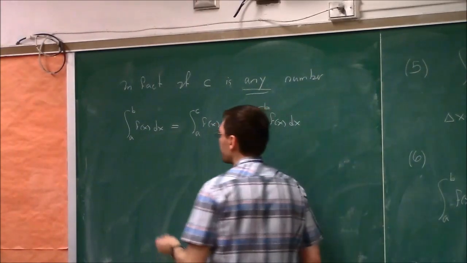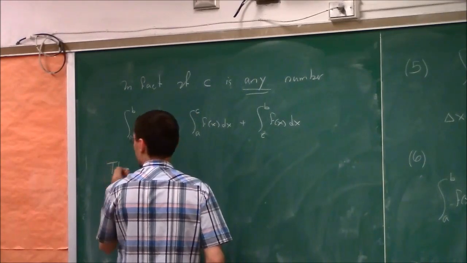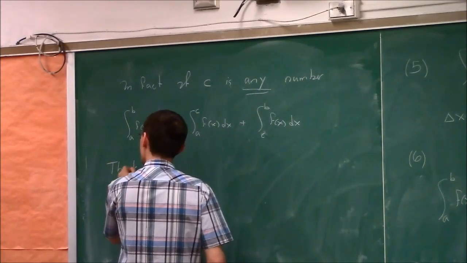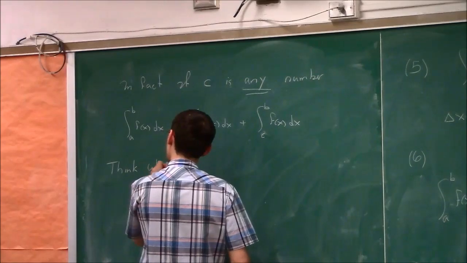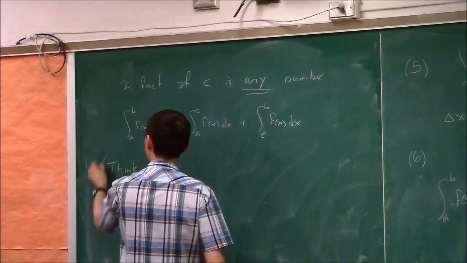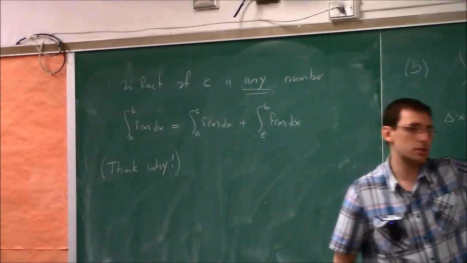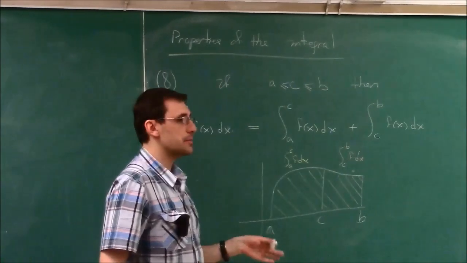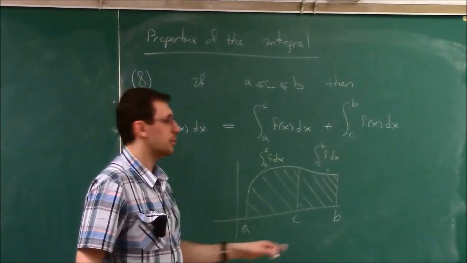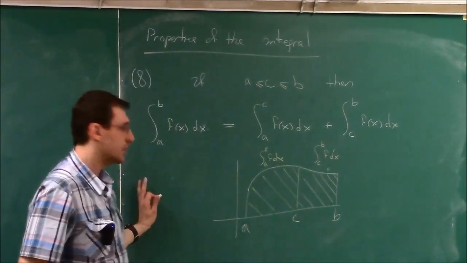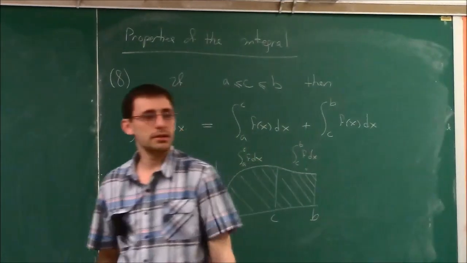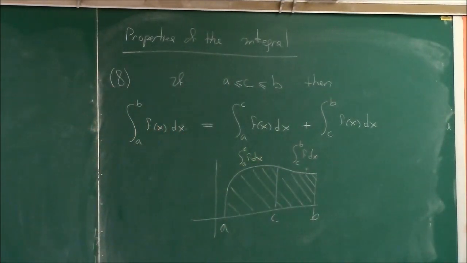Think why. I'm not going to mention this today, but you should think why. So you use this geometric restriction that's not necessarily natural. By looking at the Riemann sums, you can verify that no matter where C is placed, here or there, it's always going to work out.